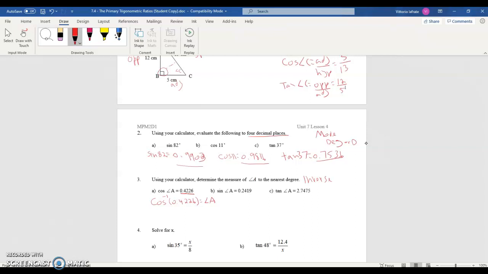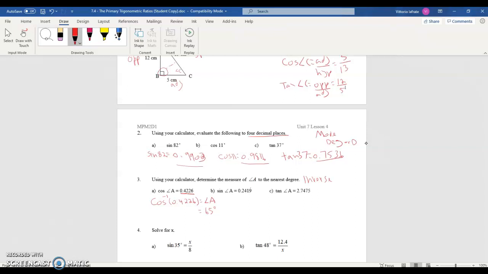And I get how many decimal places? To the nearest degree. So we're rounding to the nearest degree in this case. In this case, I get 65 degrees. So angle A is equal to 65 degrees.